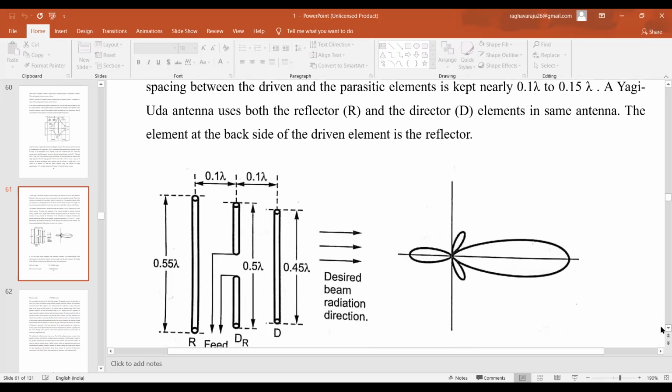So this antenna has a reflector, driven element, and director, like the same basic antenna. The element at the backside of the driven element is the reflector. So this is the element. This is the element.